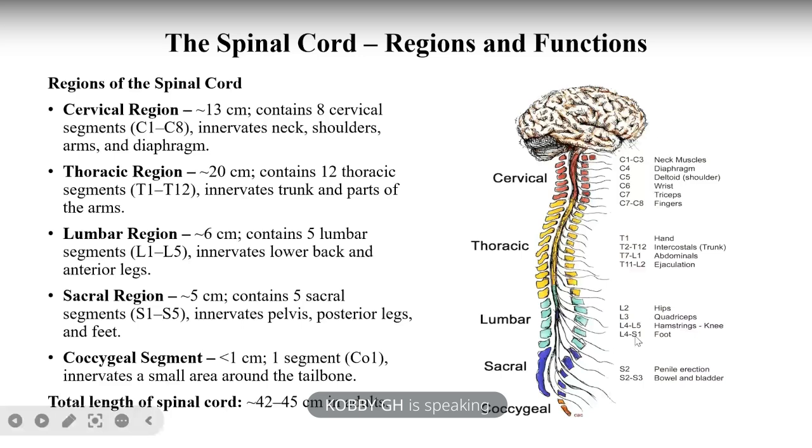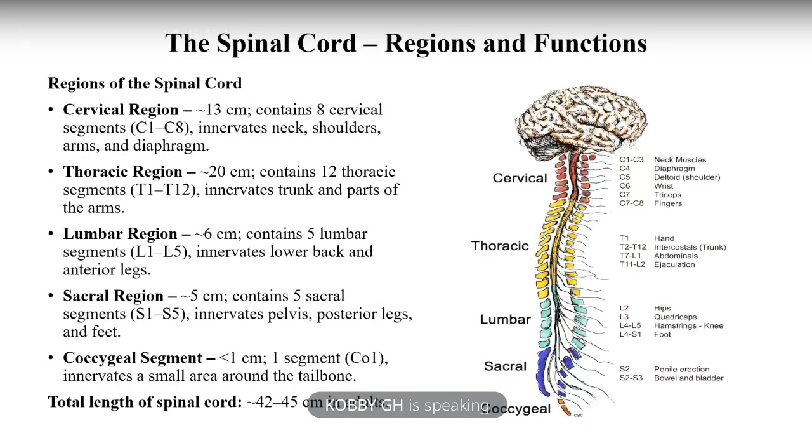Then the sacral region starts from S2 to S3. Then we have the coccygeal segment. So these are the regions of the spinal cord: cervical, thoracic, lumbar, sacral, and coccygeal.